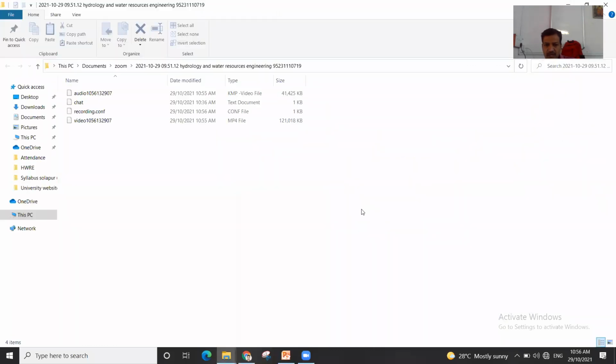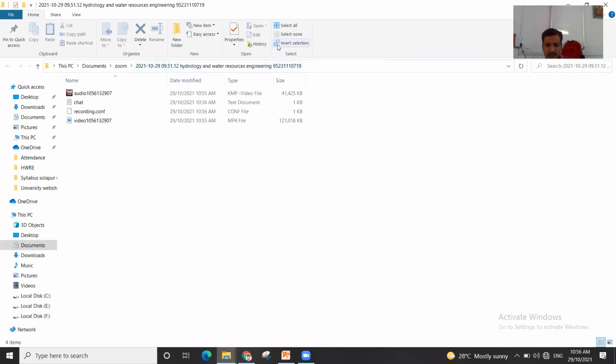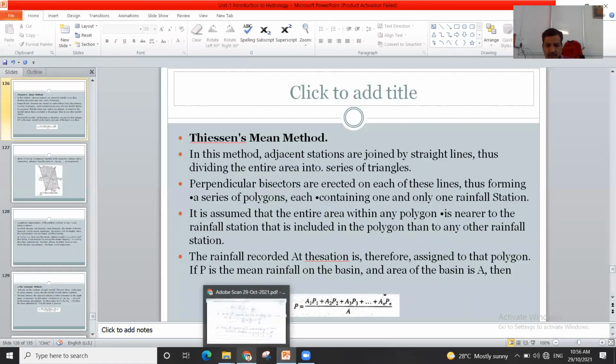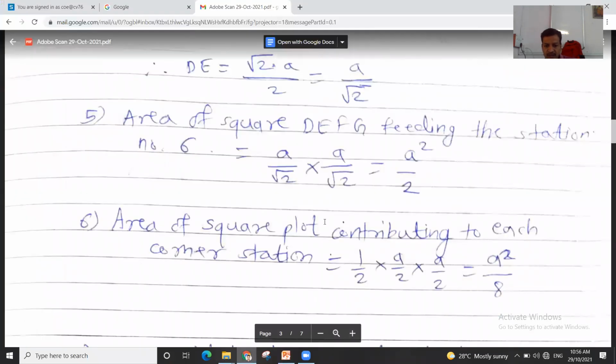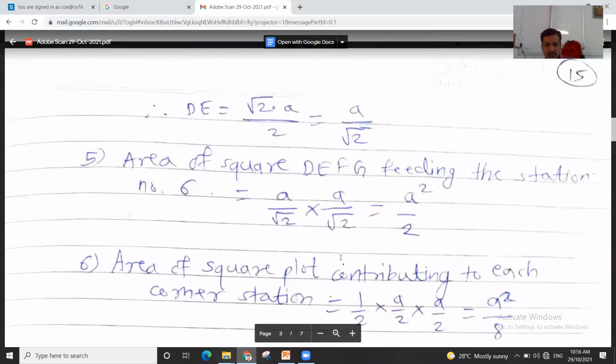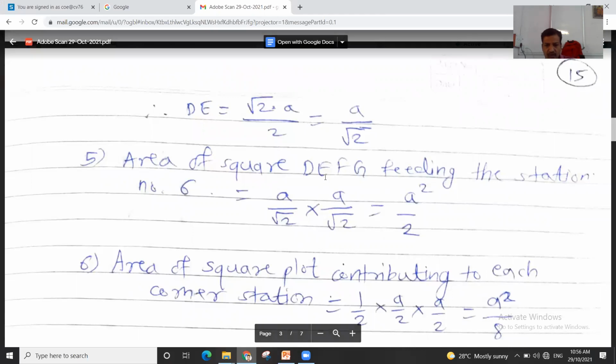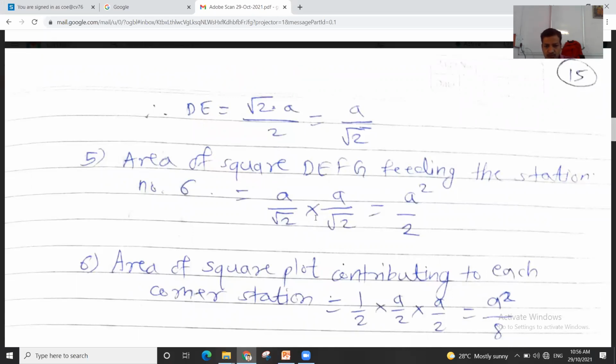आणि इथे एरिया ऑफ स्क्वेअर आपण काढलं होतं. Area of square by knowing the side, area of the square DEFG काढलं होतं. The side of the square is a by root 2.